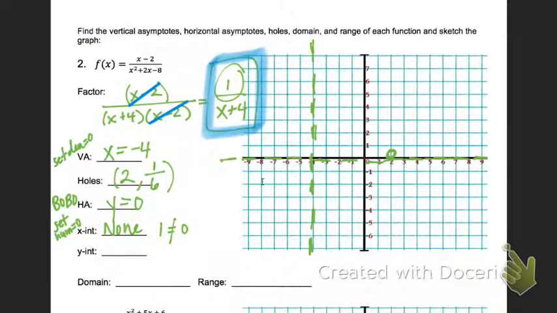What about the y-intercept? I set x equal to 0. 1 over 4. You could get negative 2 over negative 8, but that reduces to 1 over 4.